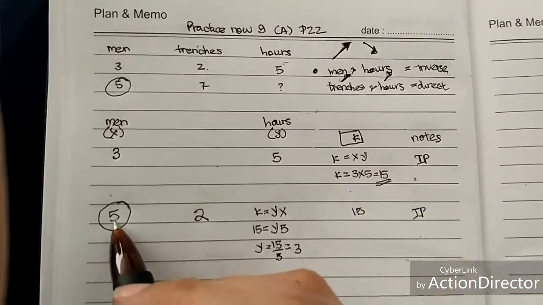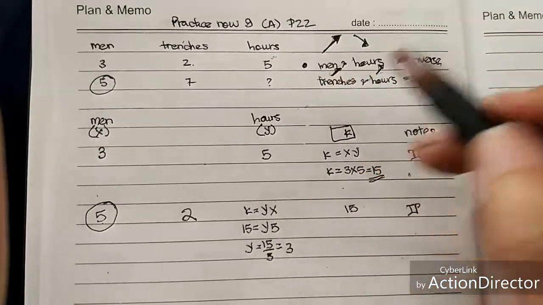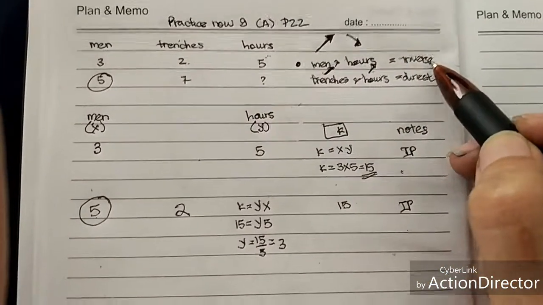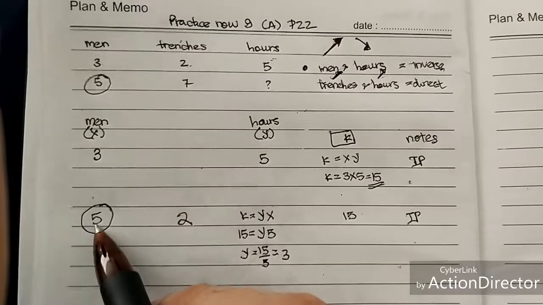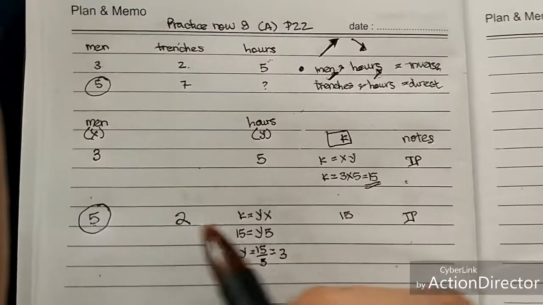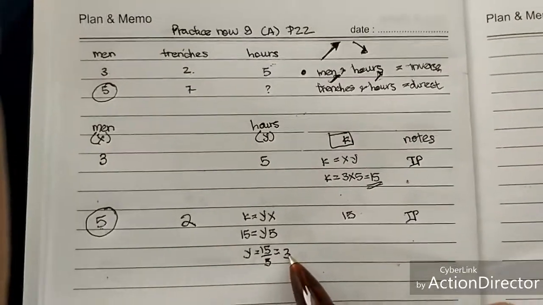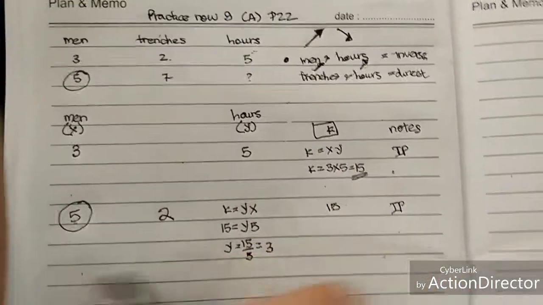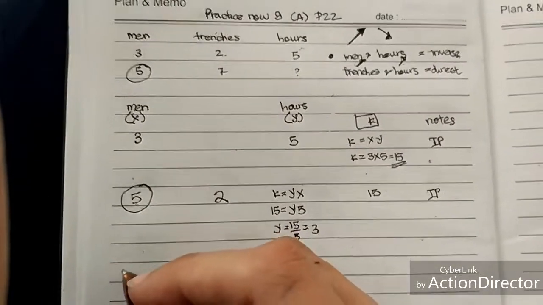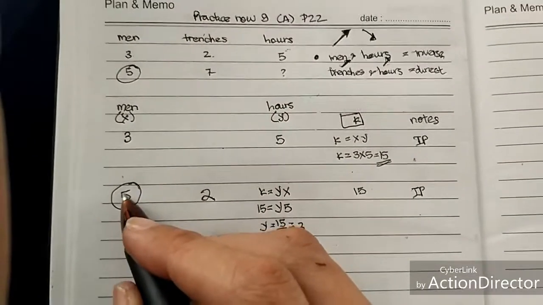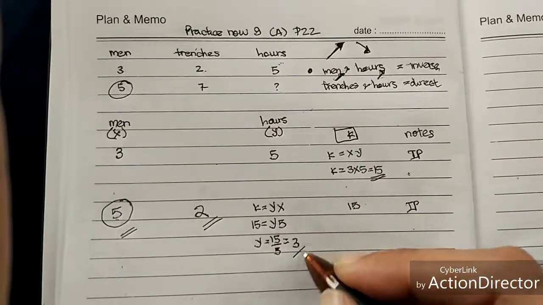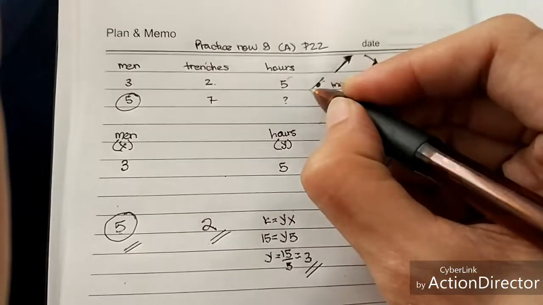So I can say that based on the comparison between man hours, which is inverse proportion, if I hire 5 men digging 2 identical trenches, then 3 hours is needed to do those things. Okay, so now the last situation will be 5, 2, and 3, and we're done with this one.